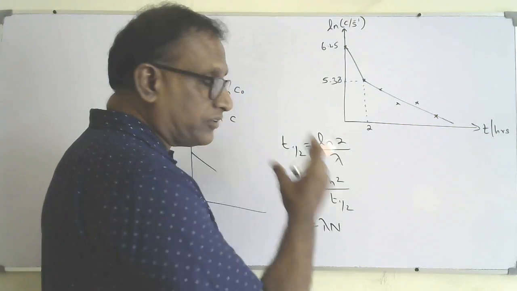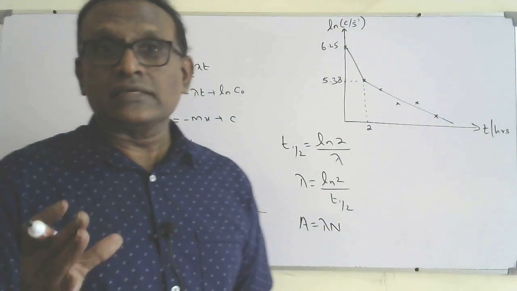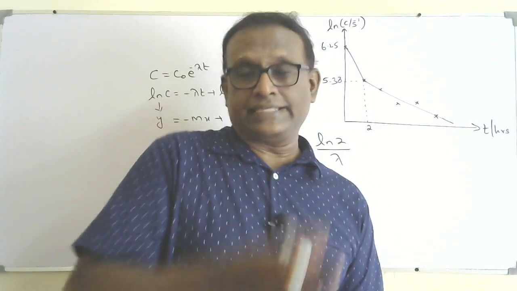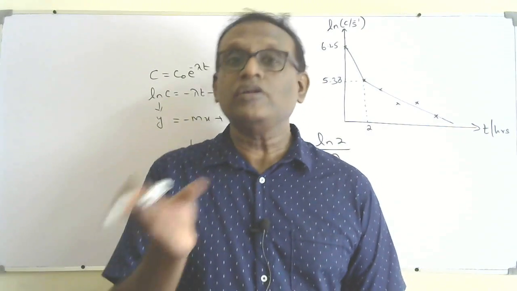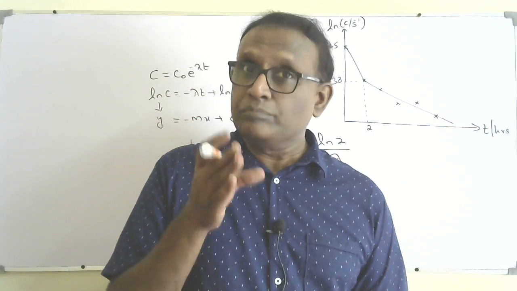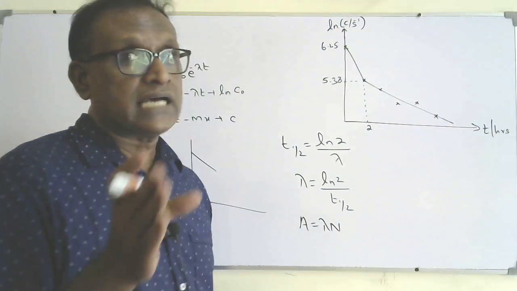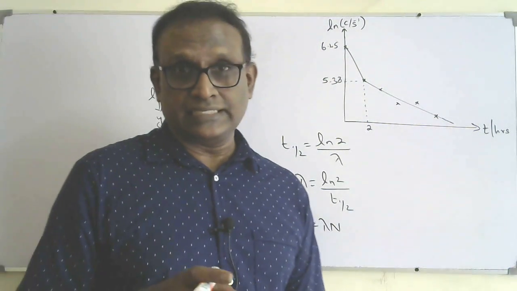So during the first 2 hours, X is dominating, so the activity is mainly due to X. Y also will be there, but the count rate is mainly due to X because its half-life is shorter, 30 minutes.